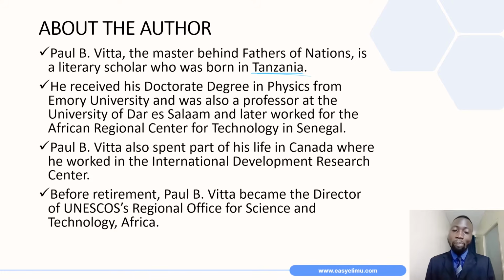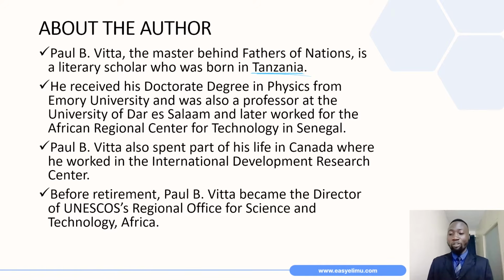Paul B. Vita received his doctorate degree in physics from Emory University and was also a professor at the University of Dar es Salaam and later worked for the African Regional Center for Technology in Senegal. Another thing about the author is that he also spent a part of his life in Canada, where he worked in the International Development Research Center. Before his retirement, we are told that Paul B. Vita became the director of UNESCO's Regional Office for Science and Technology in Africa.